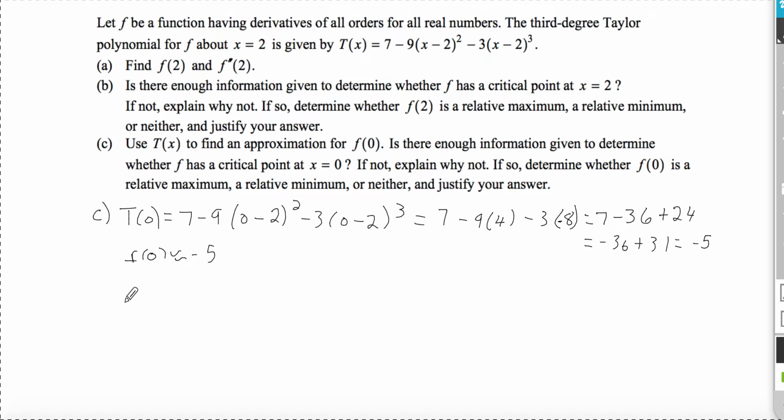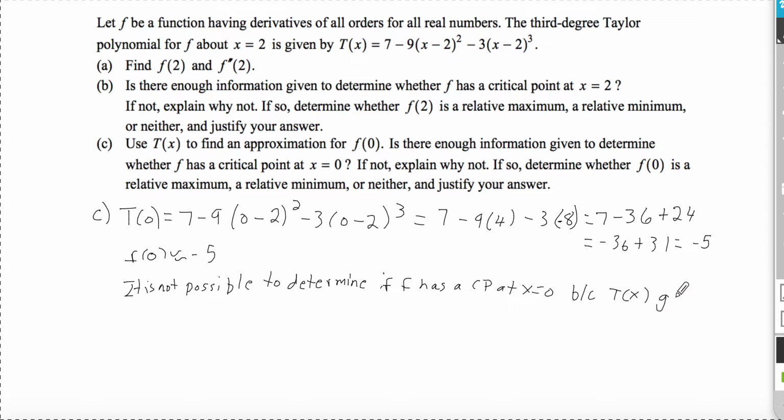The answer here is no. It is not possible to determine if f has a critical point at x equals 0. Because, probably the best way to say this is because t of x gives exact information only at x equals 2, right?